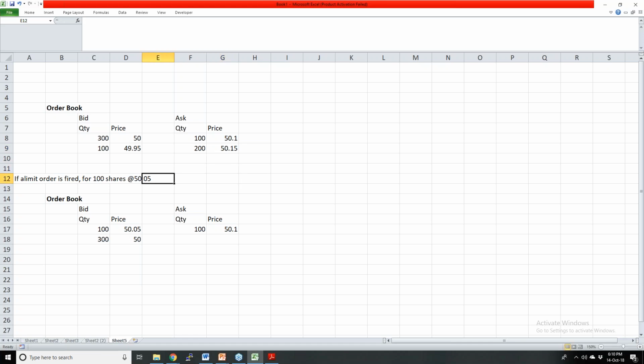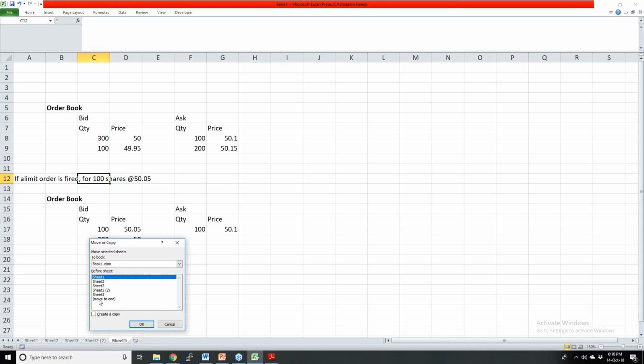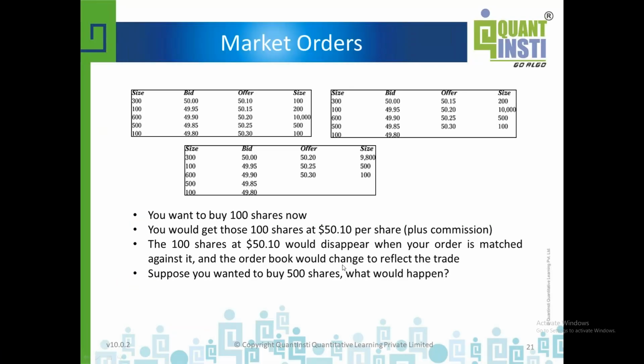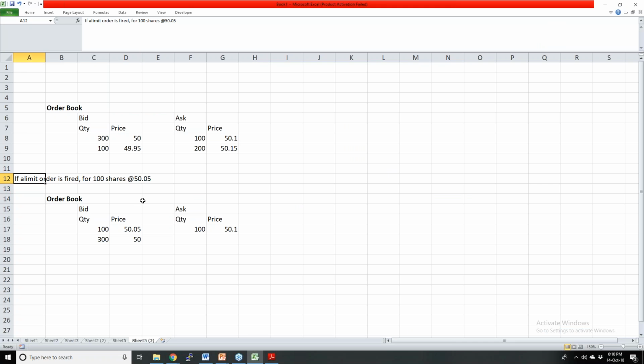So you know what happens when a market order is sent for 500 shares at 50.2? This was a market order for 500 shares, right?